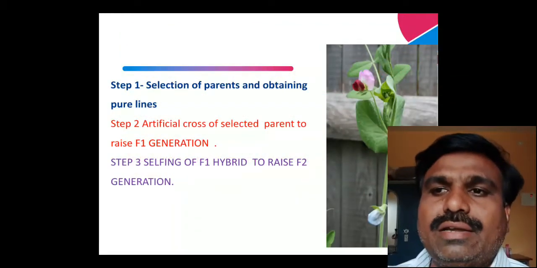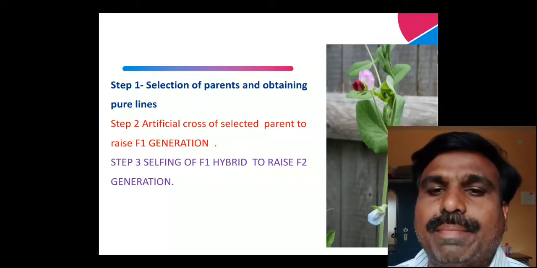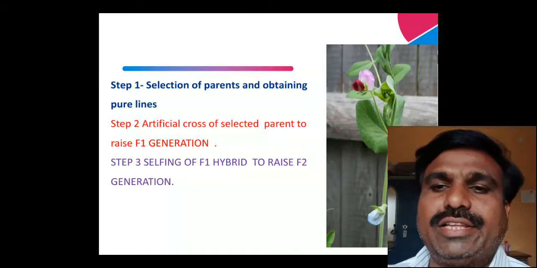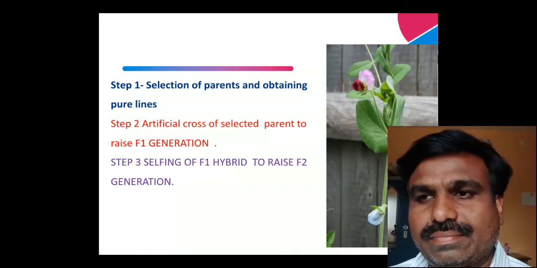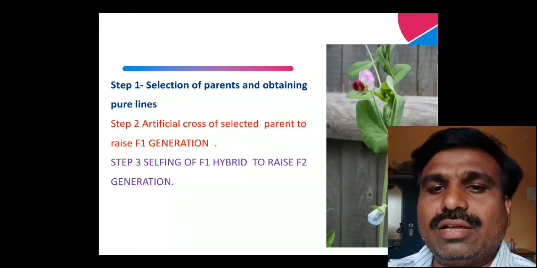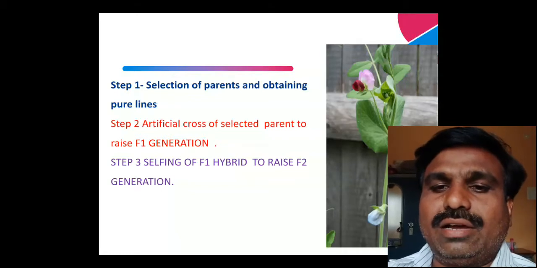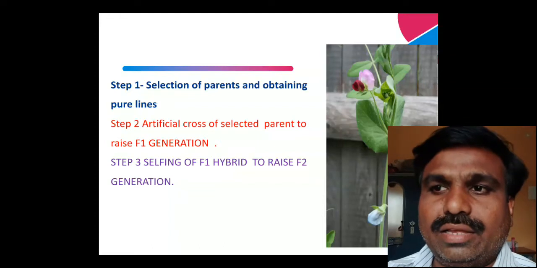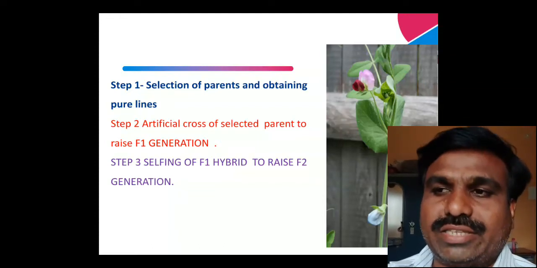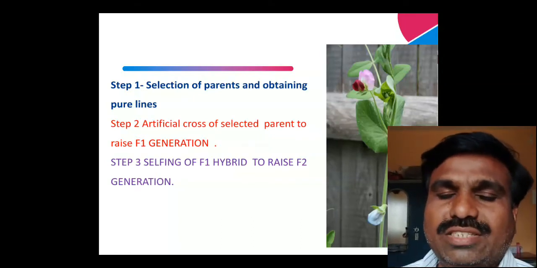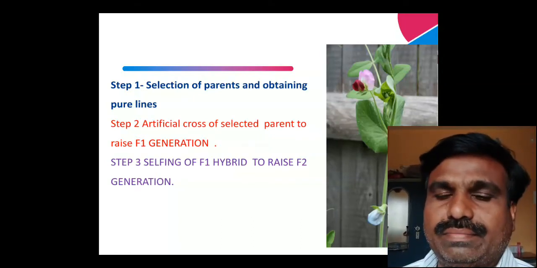What does that mean? He conducted experiments on a large, abundant scale, along with reciprocal crosses, to eliminate the chance of other factors. It means that if some experiment carried out gives no result, then take it on a large scale.